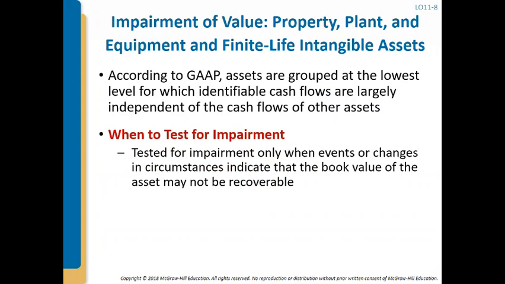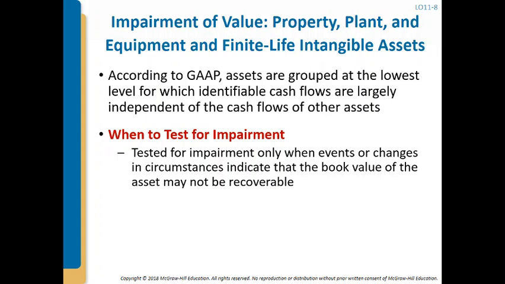When you're dealing with property, plant, and equipment and finite intangible assets, according to GAAP, assets are grouped at the lowest level for which identifiable cash flows are largely independent of the cash flows of other assets. That's usually at a division or subsidiary level, but it could be a particular plant or something like that.